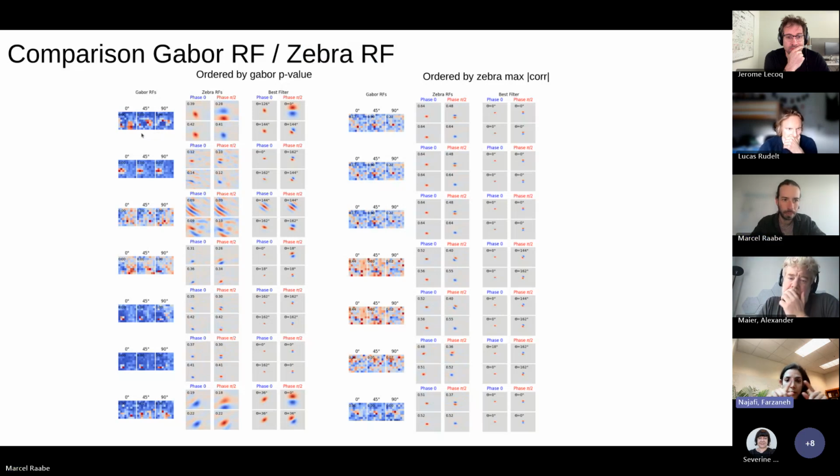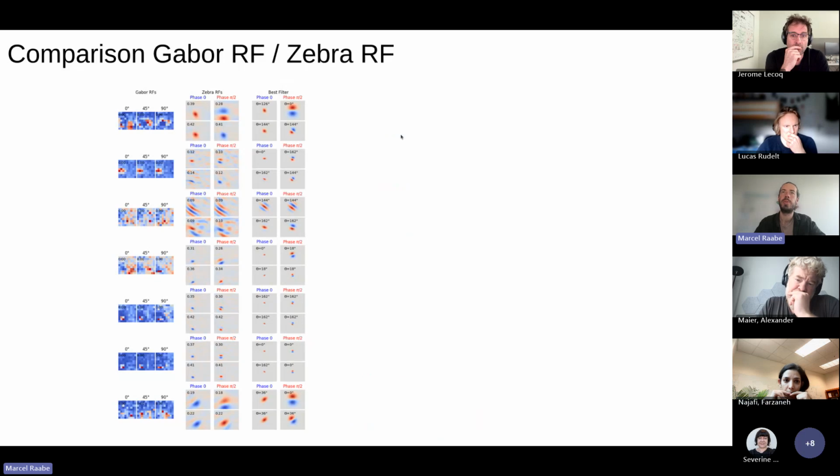Sorry? I thought the sorting is different between left and right. Yeah, it's just how I selected the different examples I want to plot here. Okay, but it's the same. Each row is the same neuron. Yeah. So each of these rows here are the same unit.